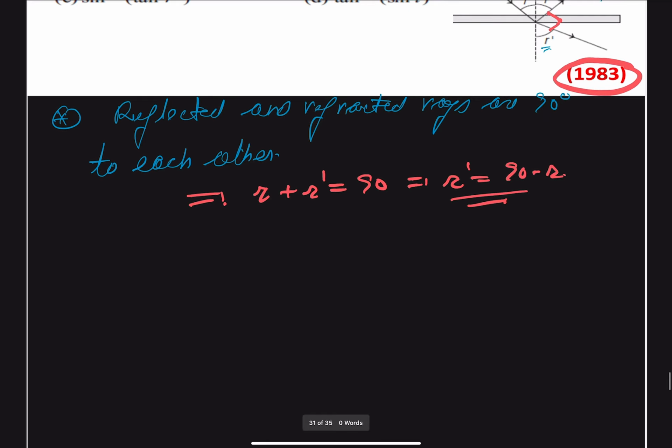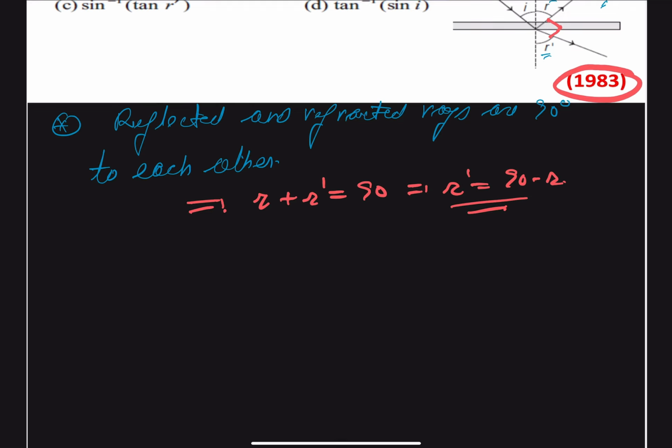Now we can use Snell's law. Snell's law tells us that n1 sine of r should be equal to n2 sine of r prime.